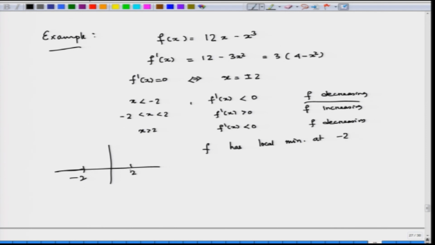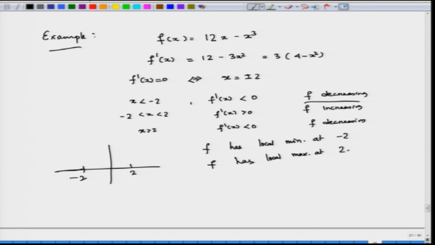Now, at 2, on this interval f is increasing, and on the right hand side it is decreasing. So, in this interval f has a local maximum at 2.